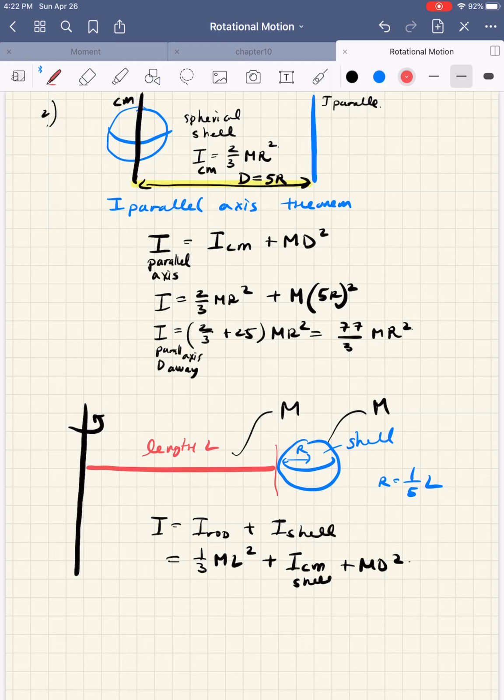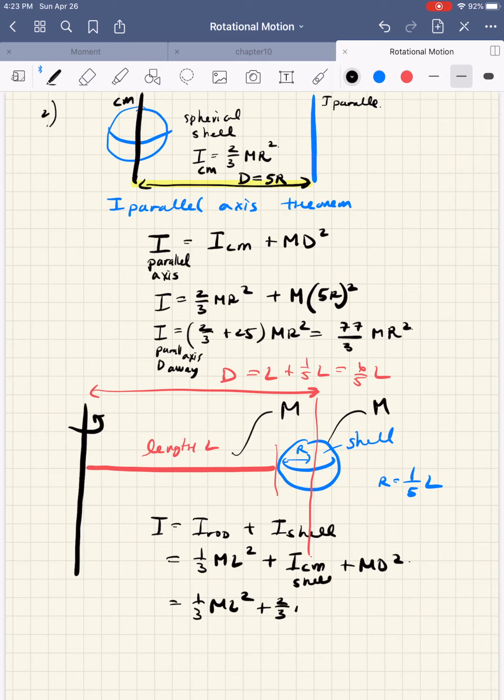Well, the distance away from the center of mass axes, d, is going to equal L plus 1/5 L, or 6/5 L. So in total, I would write this as 1/3 ml squared plus 2/3 mr squared plus md squared, where d is 6/5 L squared.